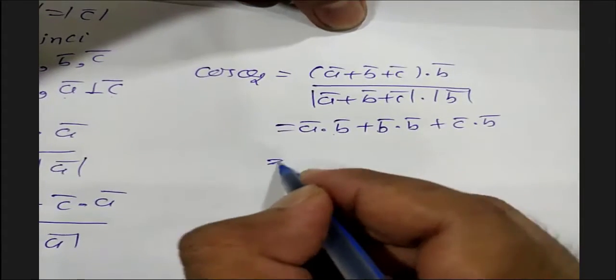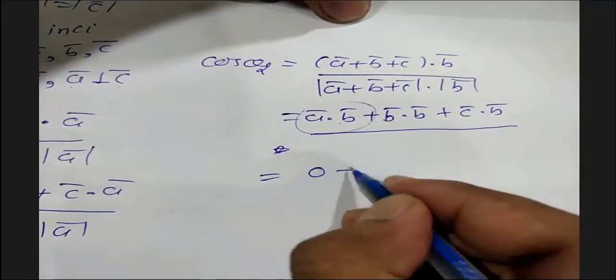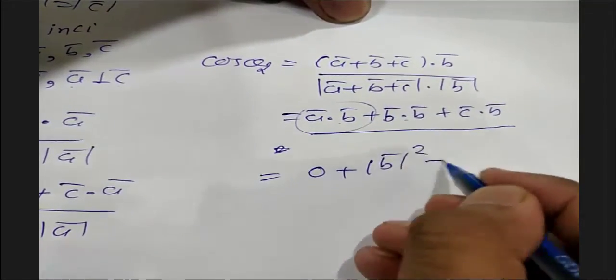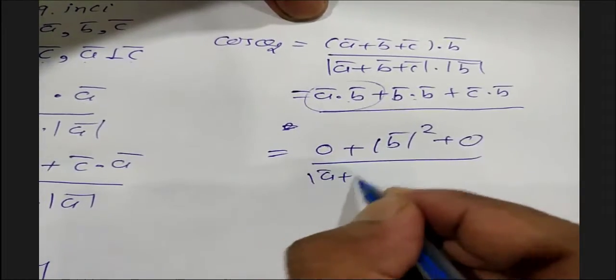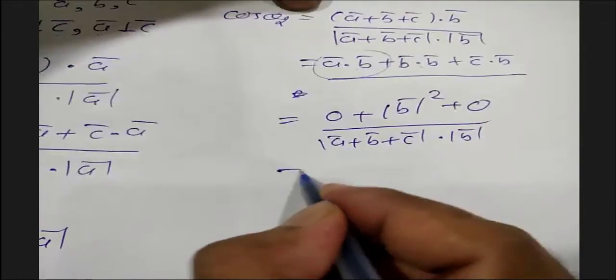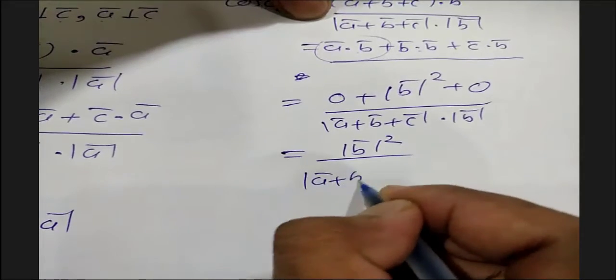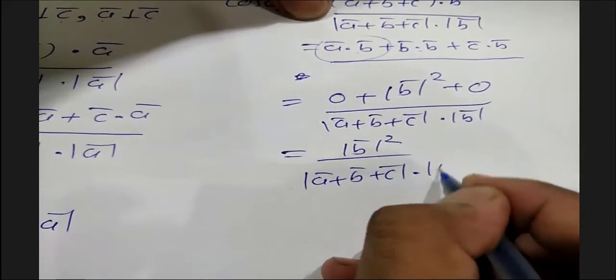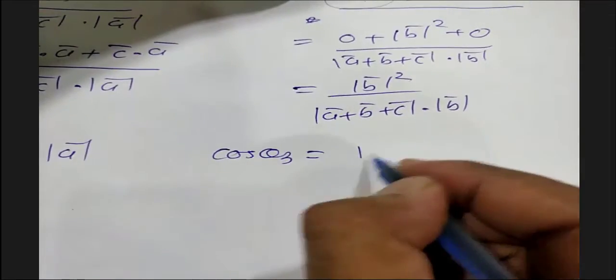As you know, this is 0, this part is 0, and here B bar squared, this is also 0, divided by the magnitude of (A bar plus B bar plus C bar) into the magnitude of B bar. So we have B bar squared upon (A bar plus B bar plus C bar) into B bar. Similarly cos θ3, which is the magnitude of C bar upon (A bar plus B bar plus C bar) dot C bar.